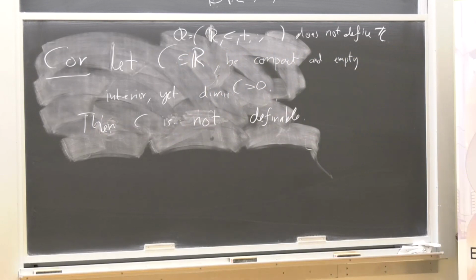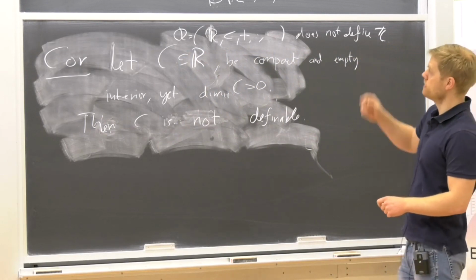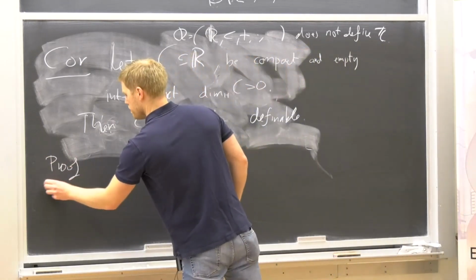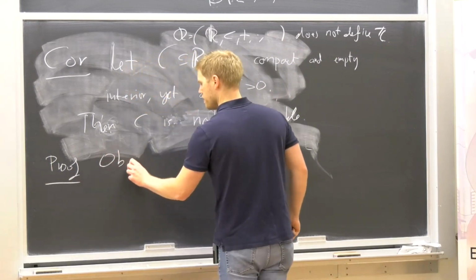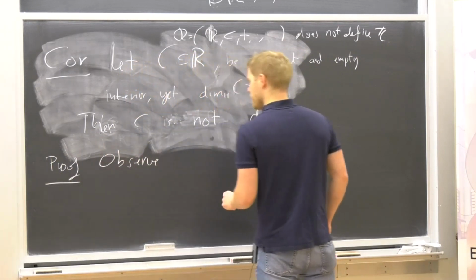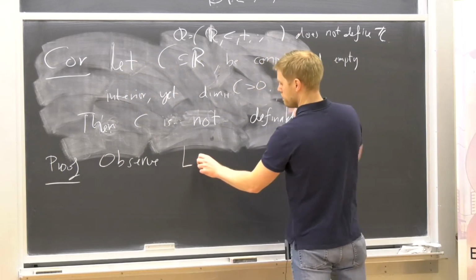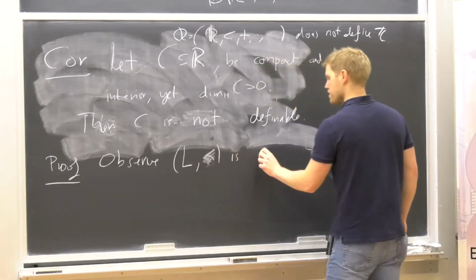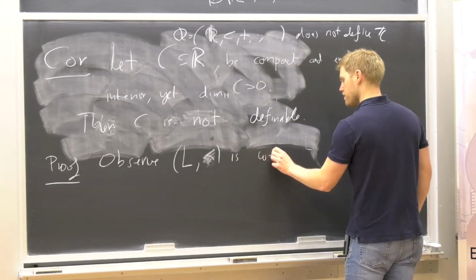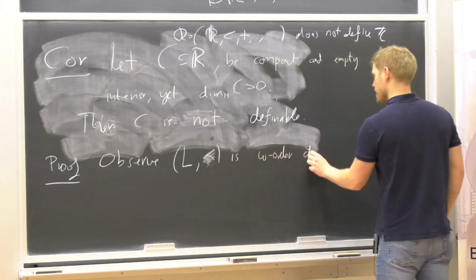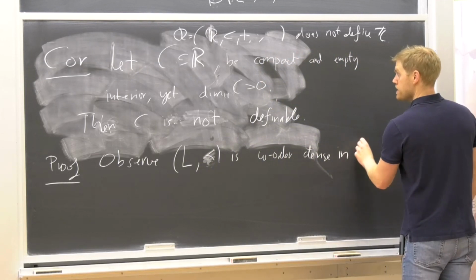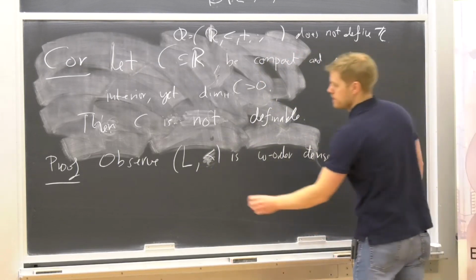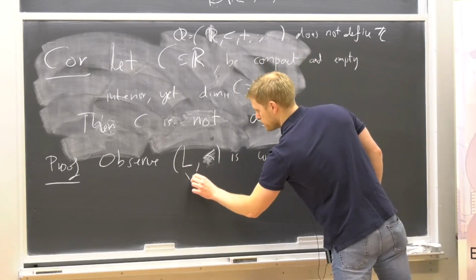And the proof is really, as I pointed out, observe that as above, L is an omega order dense in C, where L is the left endpoints.